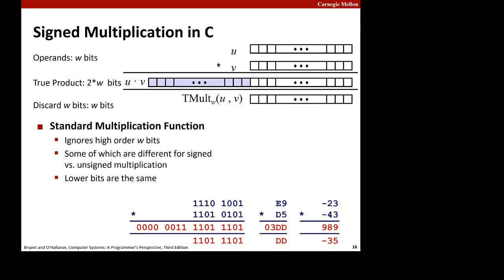And it takes a special instruction to get a full 64-bit product of two 32-bit numbers or a 128-bit product of two 64-bit numbers. So most of the time, the fact that the lower parts of the bits are the same is good enough to say, okay, I'm going to use the same multiply instruction for both cases. And we'll see with x86, they actually have two different instructions for doing the larger version of multiplication when you need the full representation.